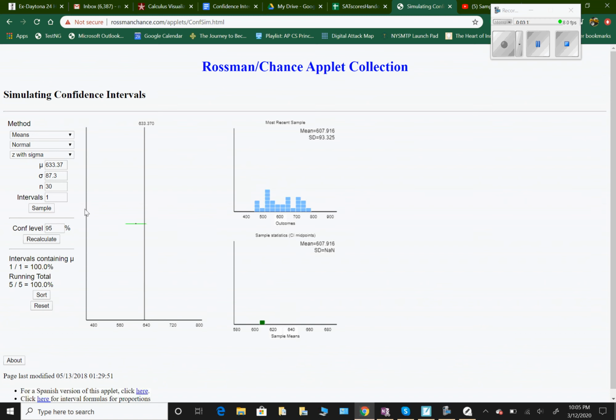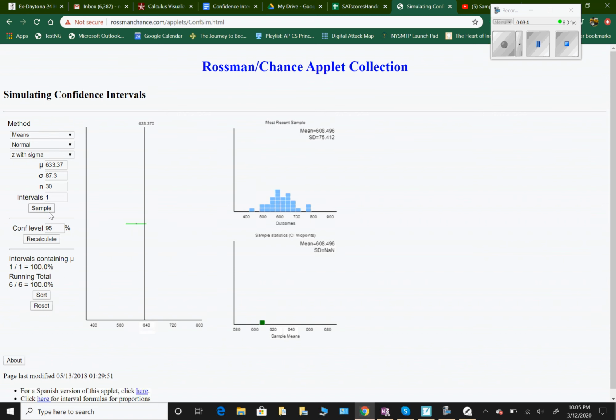Now you'll notice this interval I just got is really pretty far to the left. It's centered here. If I click on it, I can see that it's centered at a mean of 607. We can see that up here on the top. We can also see it down below the graph here. And that interval runs from 576 to 639.